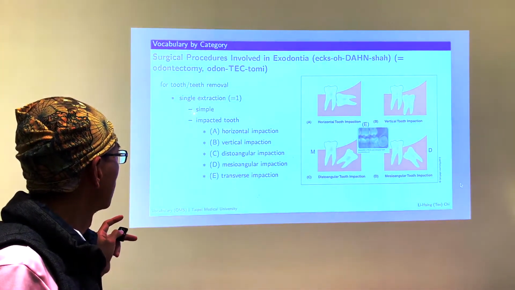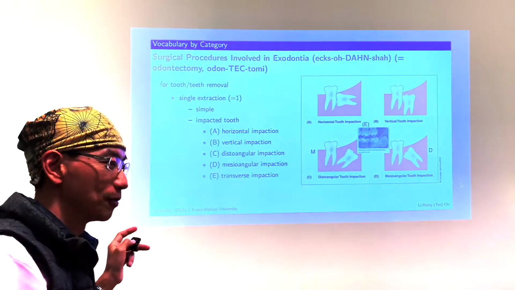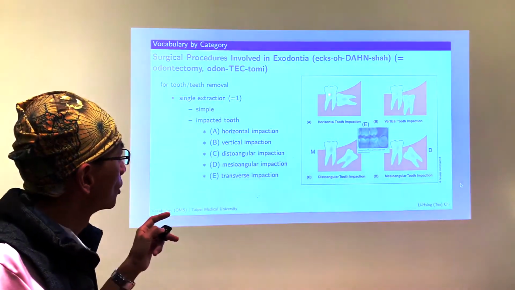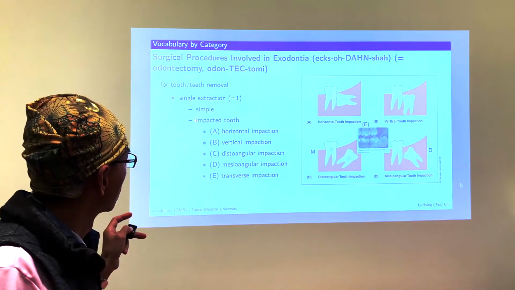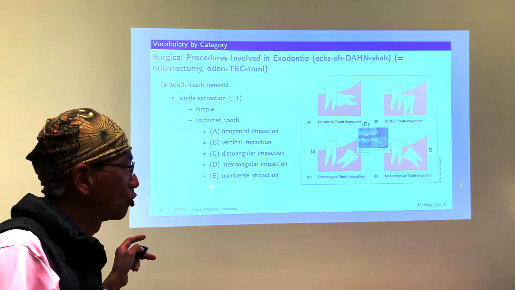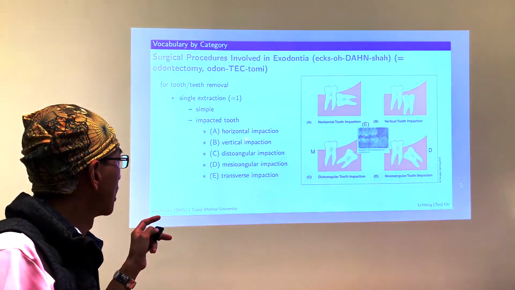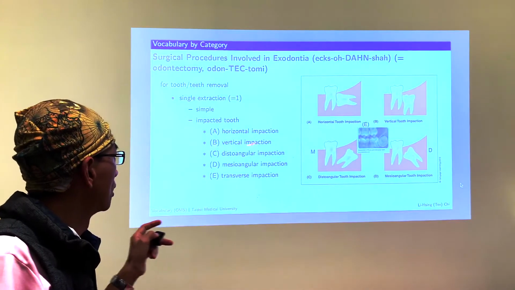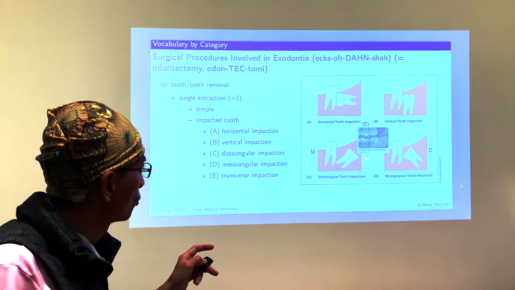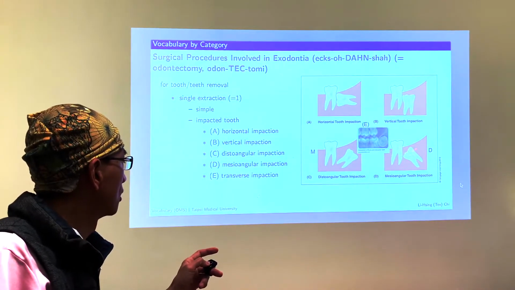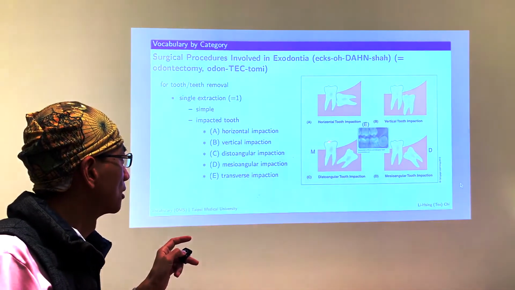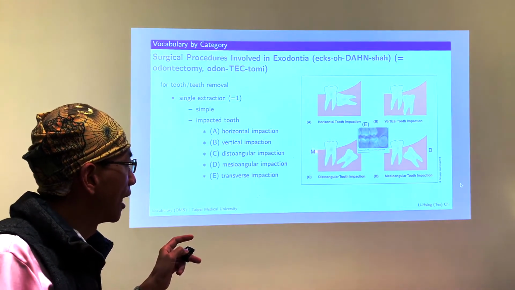We have the simple extraction, just take it out by the forceps or by elevator, or with the third molar impaction, impacted teeth, looking like that. With several kinds of situation, for example, horizontal impaction, vertical impaction, distal angulation, or mesial angulation, angular impaction.